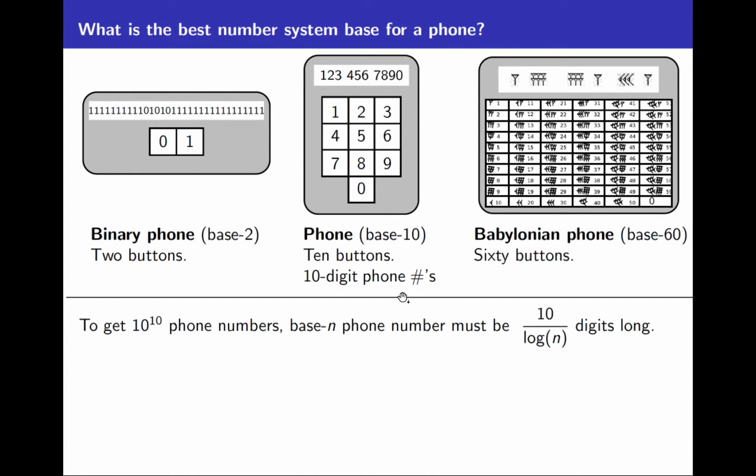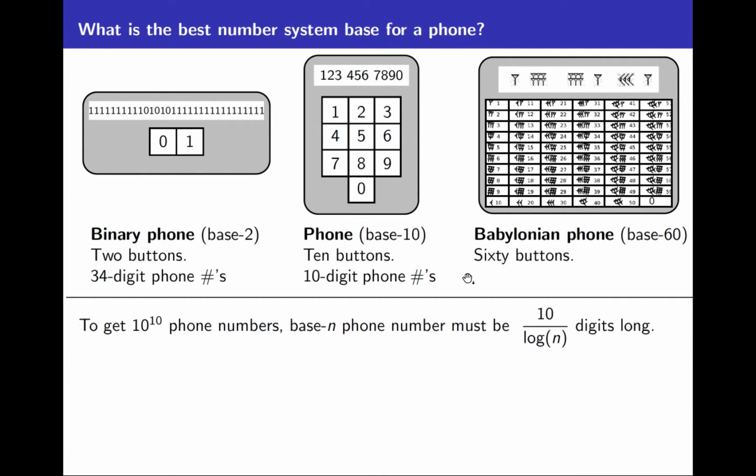So for instance, think about binary phones. Base n equals 2. How long would those phone numbers have to be? Well, they'd have to be 10 over log of 2 digits long. And if you calculate that, it works out to be 34 digits long. So we'd have to have 34 digits in a binary phone number.